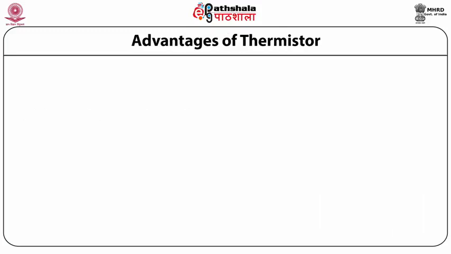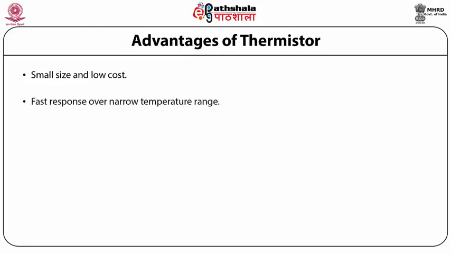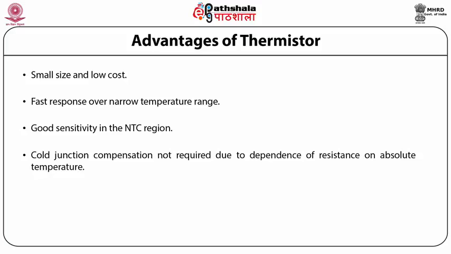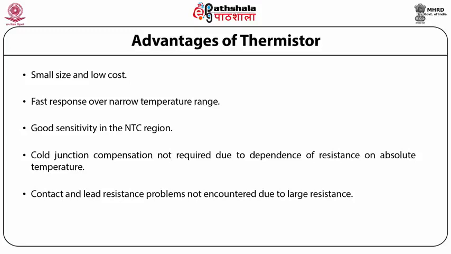The advantages of thermistors: number one, they have a very small size and low cost, fast response over a narrow temperature range, good sensitivity in the negative temperature coefficient NTC region. Cold junction compensation is not required in this case due to the dependence of resistance on absolute temperature. Contact and lead resistance problems are not encountered due to large resistance.